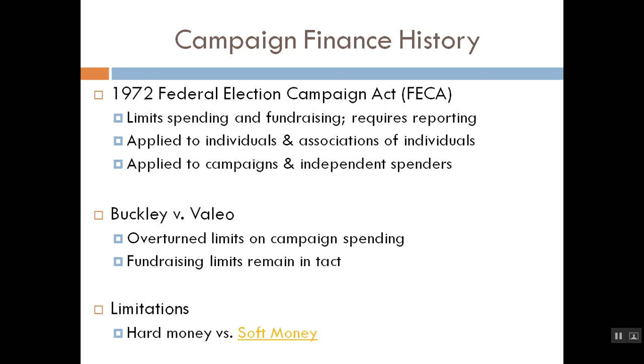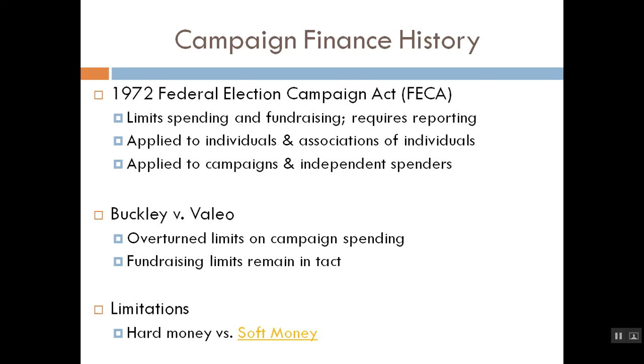Of course, it's also important to understand that the FECA was, at least initially, altogether ineffective. Why was it so ineffective? Well, it created reporting requirements, and it created limits on both spending and fundraising, but it had no enforcement mechanism. So, not 3 years later, in 1974, we're going to get an amendment to the FECA.